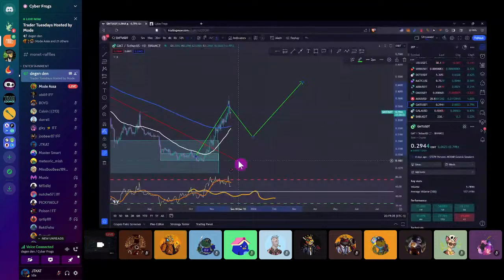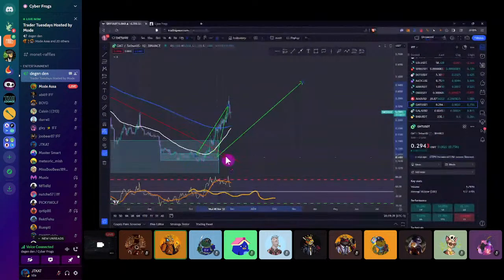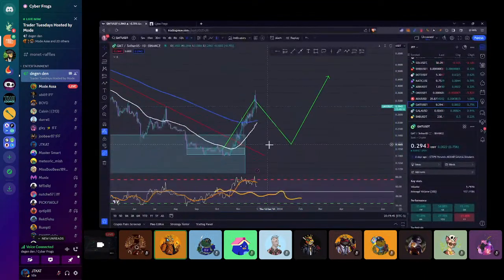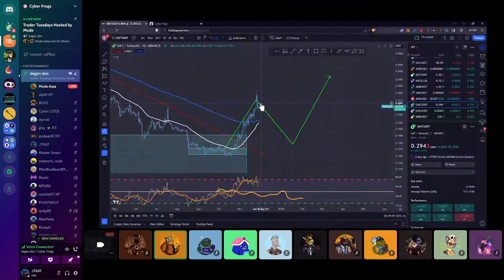As long as we hold the retest and make a higher low above this, as long as this stays above here, this would be the ultimate entry point to look at, if you miss the break.